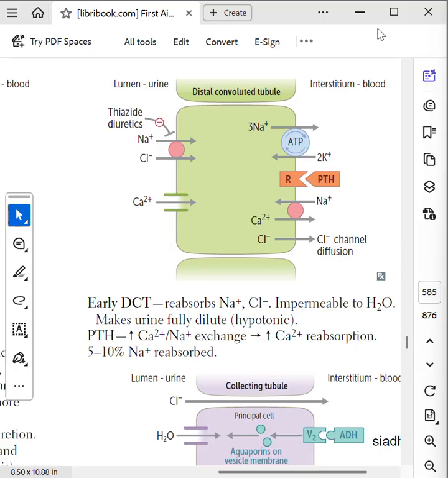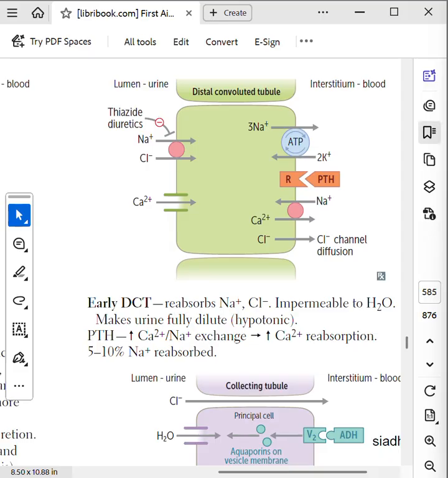Why? Because there's a tubulo-glomerular feedback that's happening here. Now the tubular glomerular feedback is a local autoregulatory mechanism by which the macula densa adjusts the glomerular filtration rate based on NaCl delivery in the distal tubule. Now in the distal convoluted tubule you have basically the sodium chloride delivery, and this basically allows the macula densa to sense if the blood pressure is high or if the blood pressure is low, and then it automatically adjusts the glomerular filtration rate.